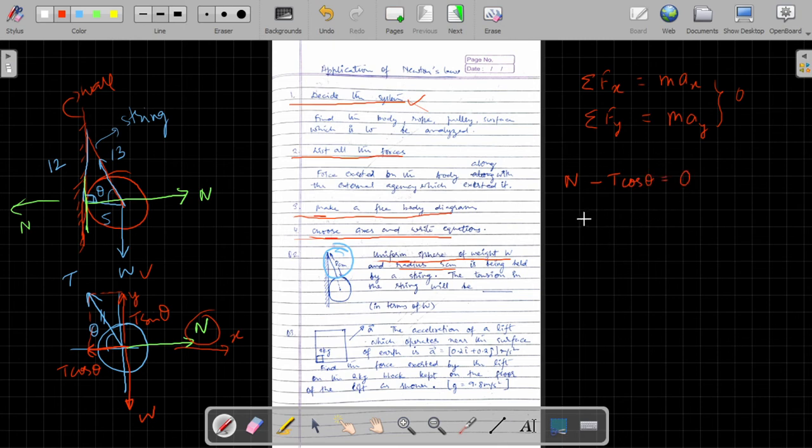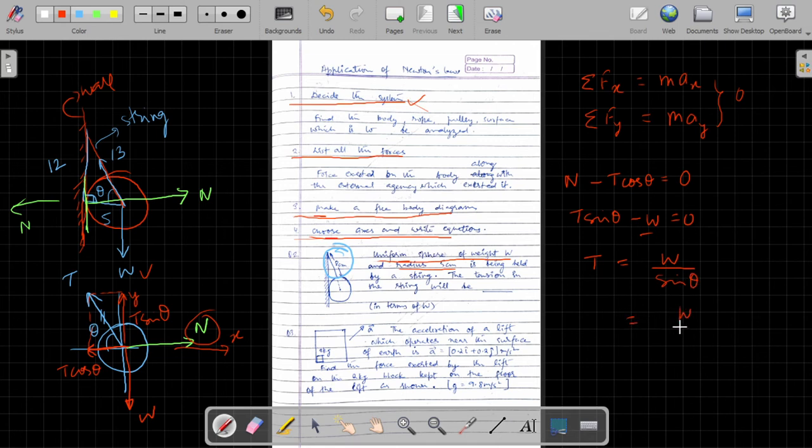And similarly, T sin theta is acting in positive y direction, upward direction, and the weight is acting downwards. Then we'll take a negative sign with that. So from this we can easily figure out what is the tension in the string. The tension in the string would be equal to the weight divided by sine theta.